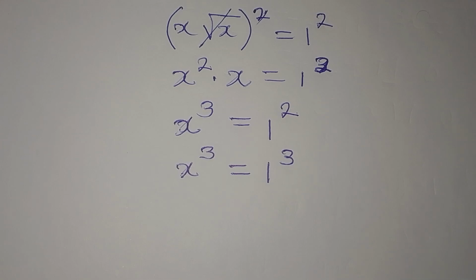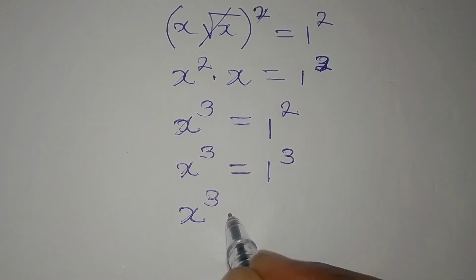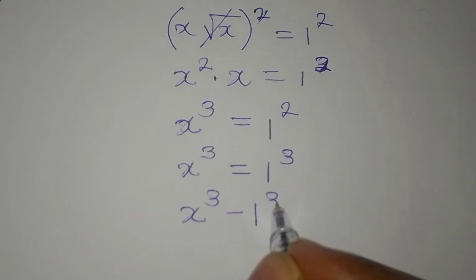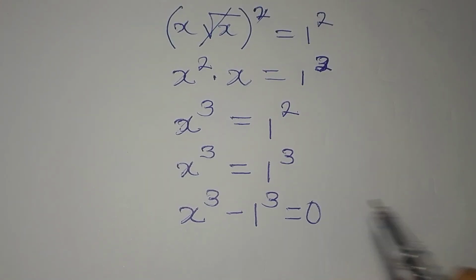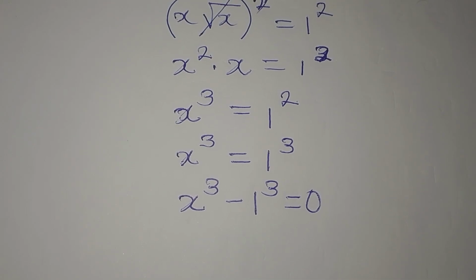Now we're having two terms raised to the power of 3. Bring this to the left, so we have x to the power of 3 minus 1 to the power of 3 equals 0.